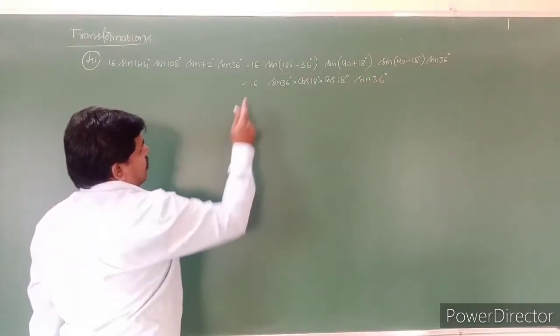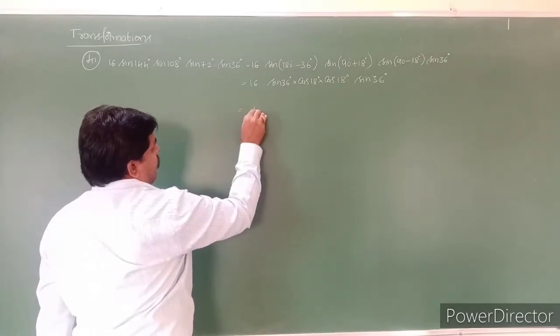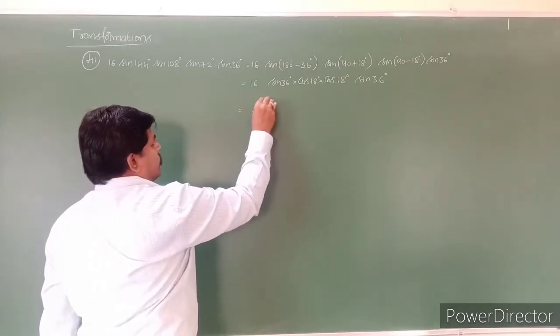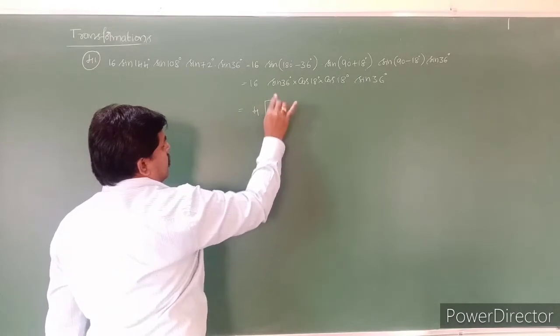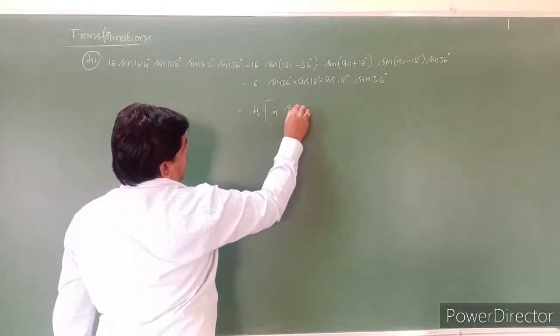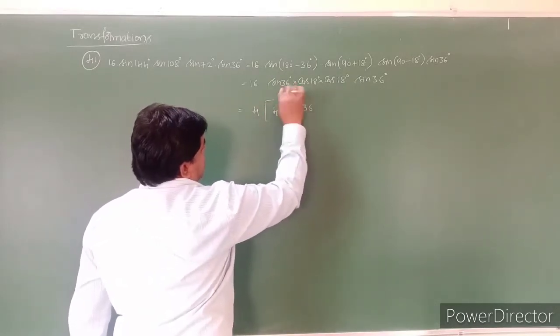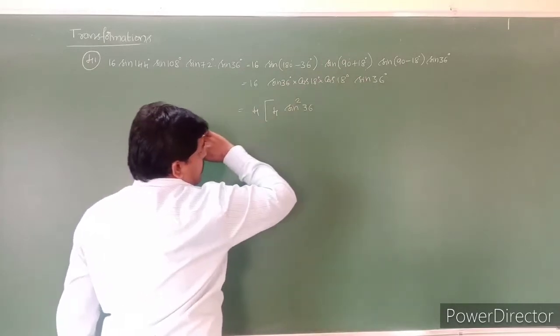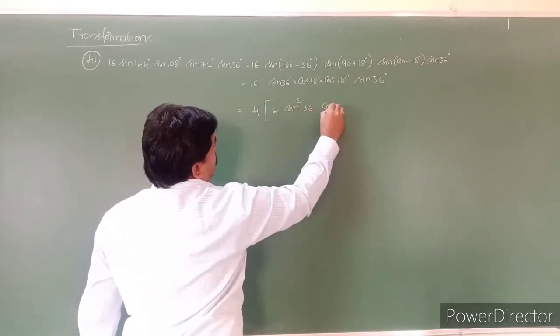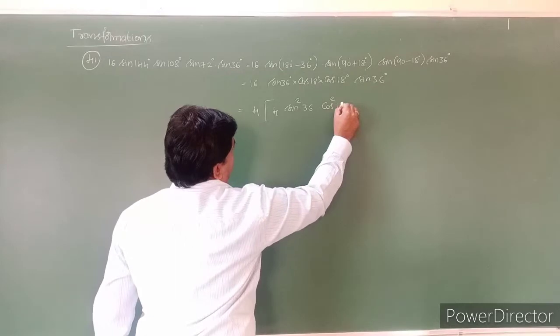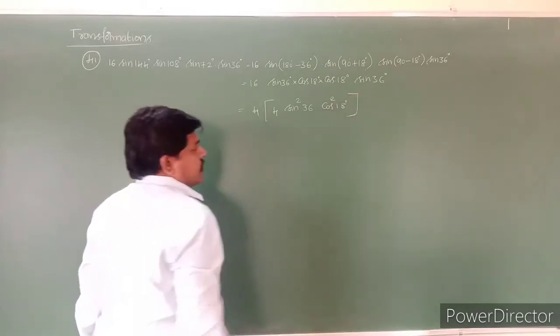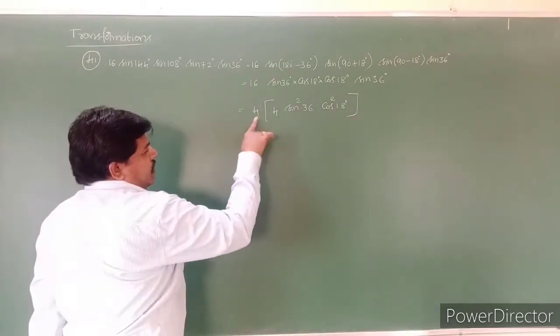So what I will do is write this 16 as 4 into 4, sin square 36 degrees into cos square 18 degrees. So why am I taking this 4 into 4?